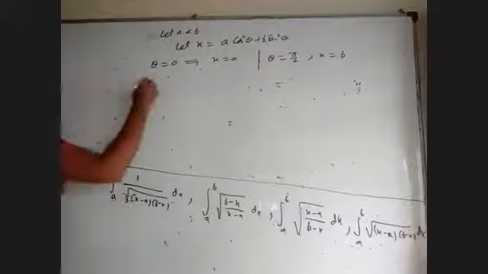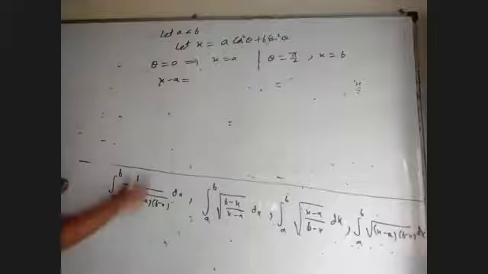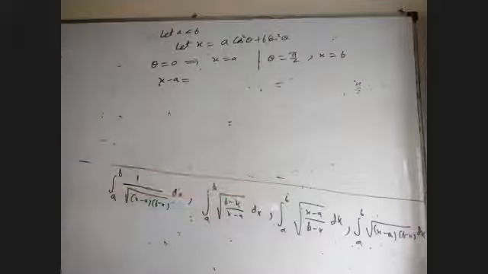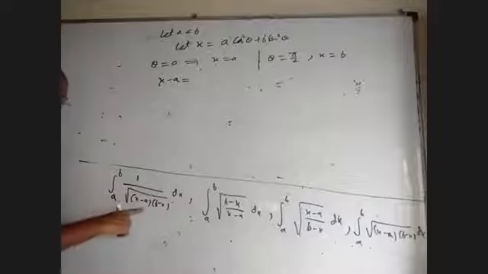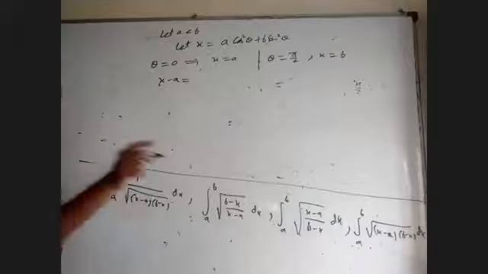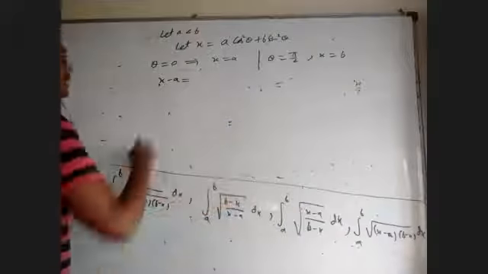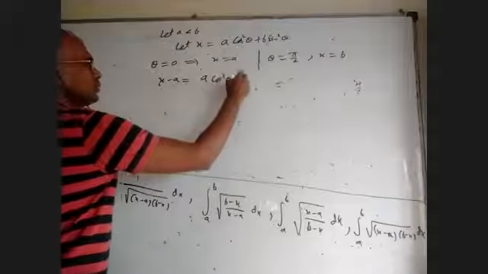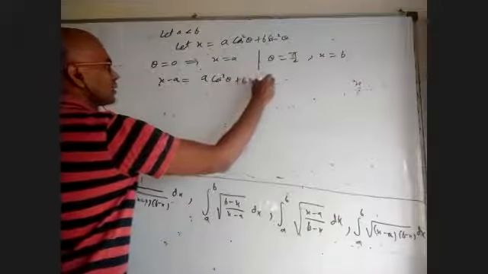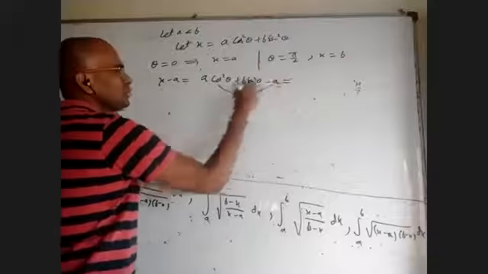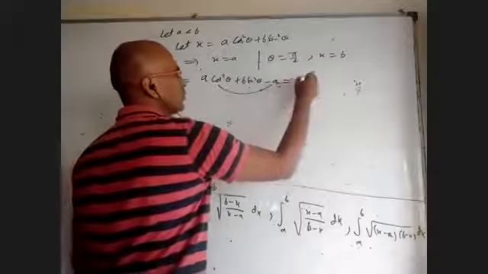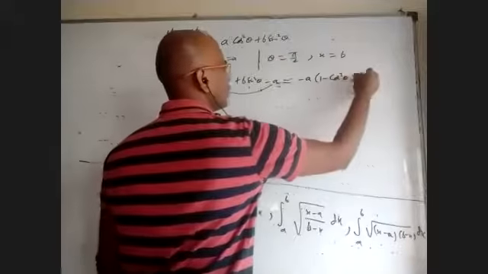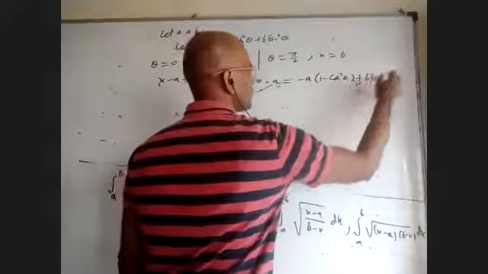Next, let us see what is x minus a. And also this whole thing is positive, because x minus a is positive and b minus x is positive. What happened to x minus a when you put it? a cos square theta plus b sine square theta minus a. We combine these two and take a common, minus a common, it will be 1 minus cos square theta, plus b sine square theta.